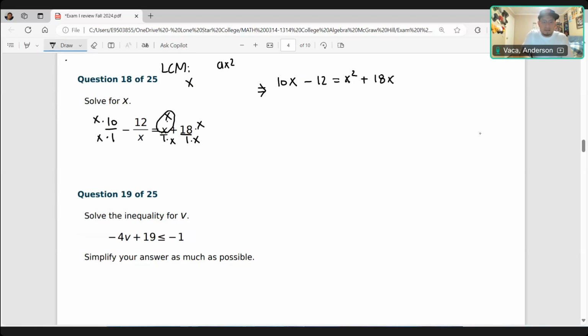Let's see what comes out of standard form, and then we'll make some decisions based on that. So I need it to be equal to 0. So I am going to move this to the right side. I'm also going to move this to the right side because it doesn't matter where the equal to 0 is located as long as it's equal to 0.